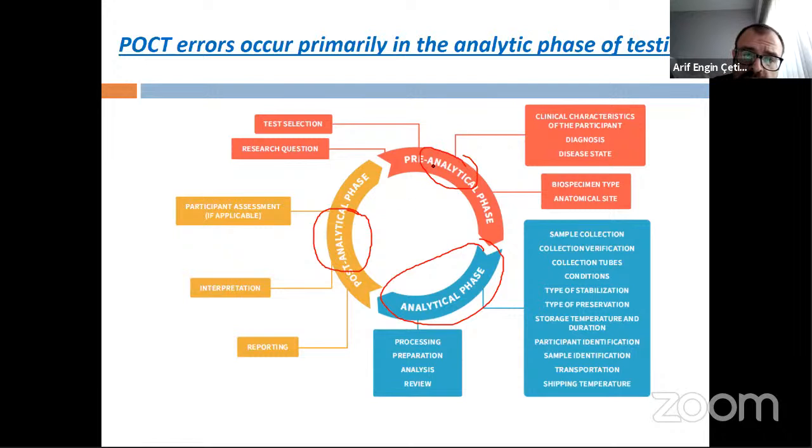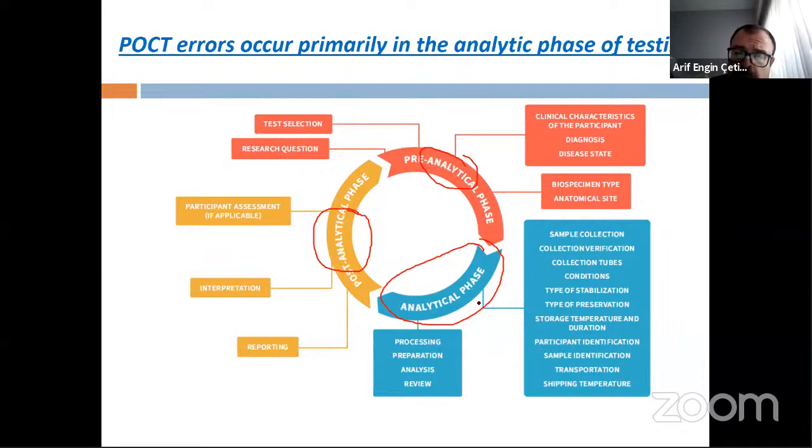Here, in the classical way, your sample collection and performing test part is very accurate. And the pre-analytical and post-analytical part depends on the operator. So problems with the classical tests are less likely.